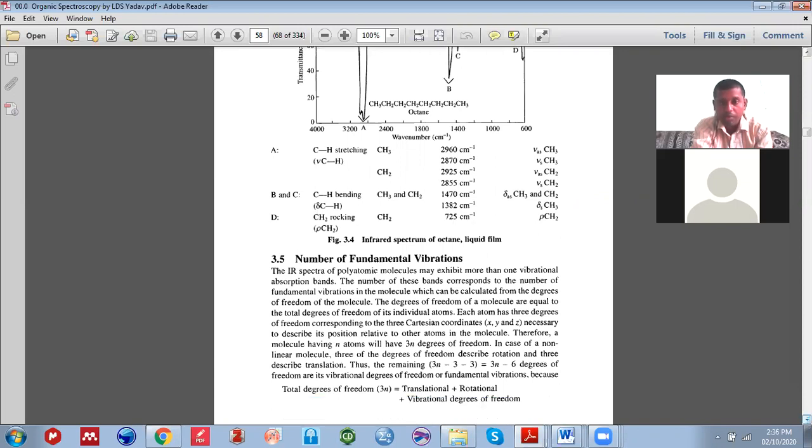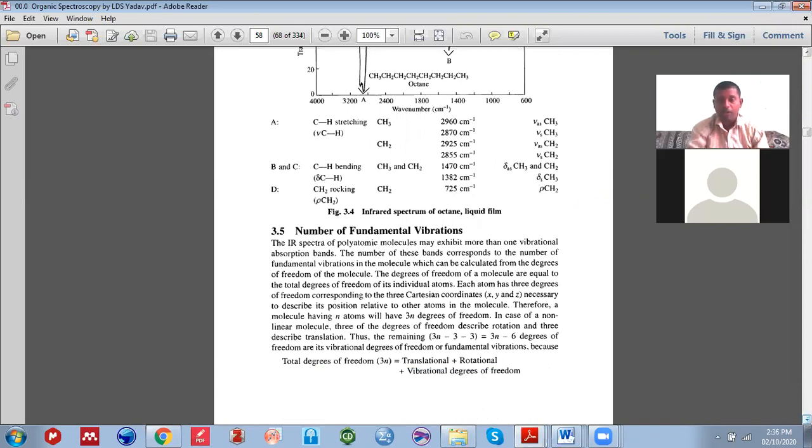The number of fundamental vibrations is very important. How many kinds of fundamental vibration occur? I have already told you about this. Here we have to identify whether the molecule is linear or non-linear. This is a very important point. If the molecule is linear or non-linear, there are two kinds of formula, determined by the number of modes of different kinds of vibrations.